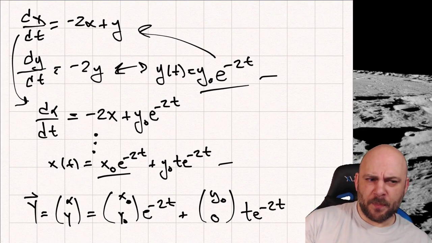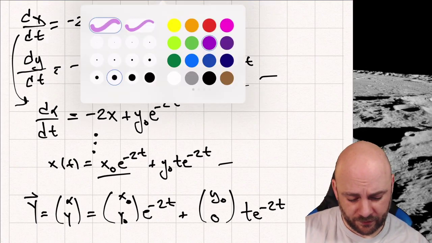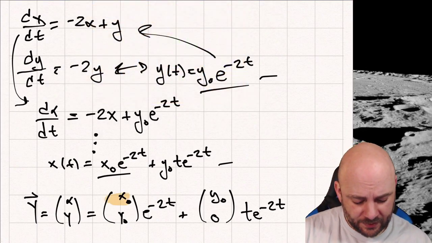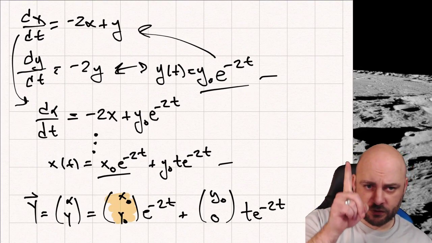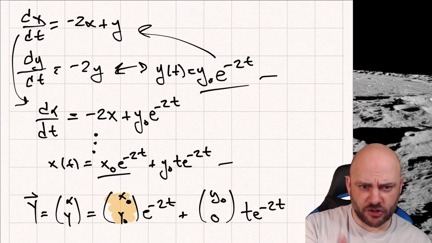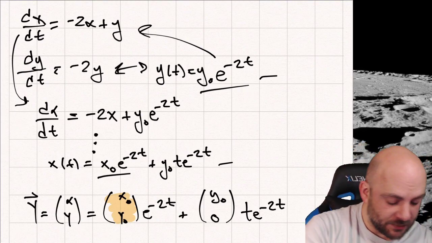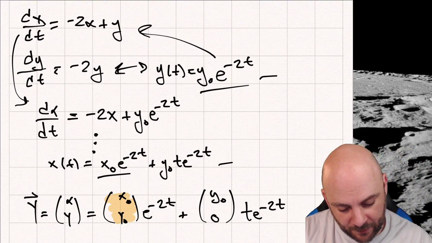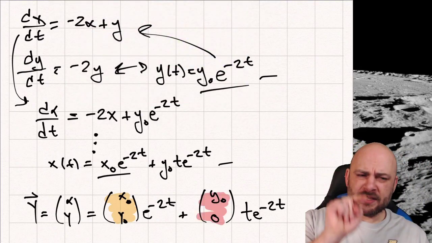Now, the major questions that arise are the following. Is this always the initial condition vector? That's the first one, and we'll cover that in just a second. Is it always? The answer is yes. And then our second question would be, is this always y0, 0?